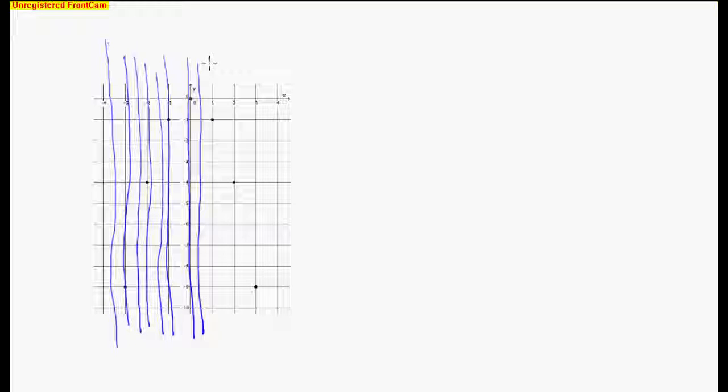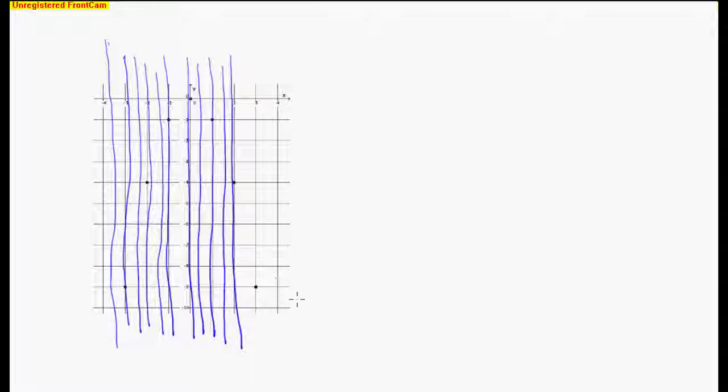And it doesn't look like there is at all. These points would have to line up, and I don't see any points that line up on those vertical lines. So the vertical line test says yes, this passes.